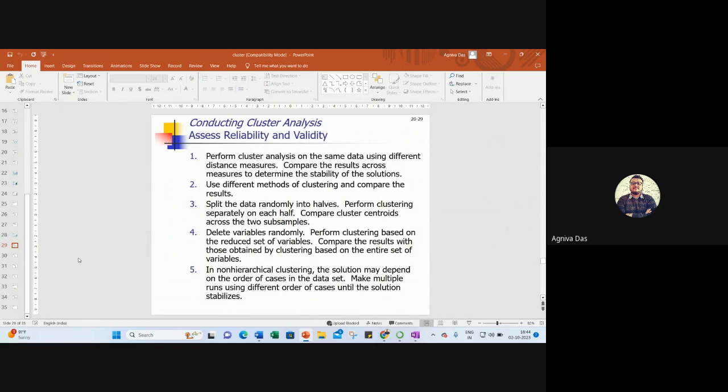Now, how to assess the reliability? You can perform this same analysis on different distance measures and then compare. That is number one. Number two, after clustering is done, let's say you are performing cluster analysis on the same data using different distance measures.